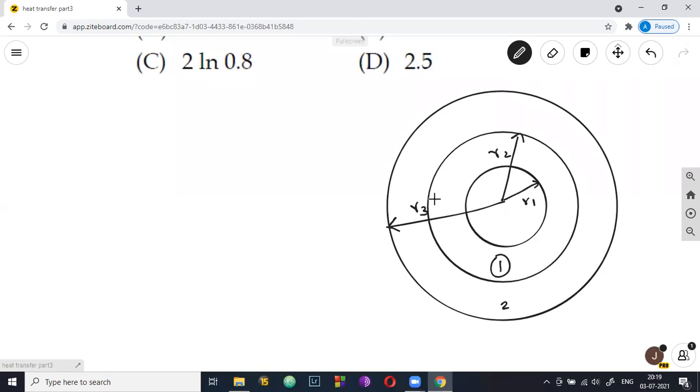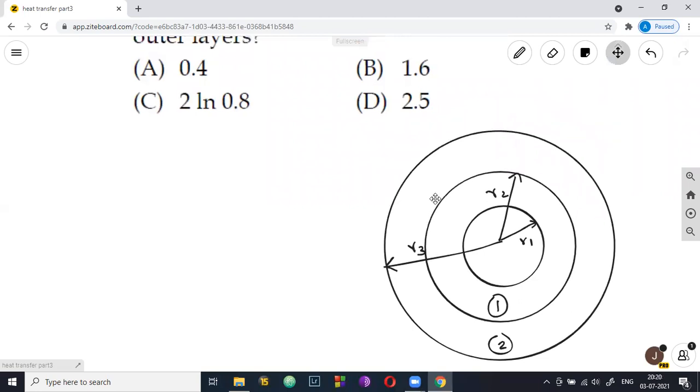This is your second material. This is hollow, okay? So R1 is the inner radius of the first material and R2 is the outer radius of the first material itself. Now, R2 can also be treated as inner radius of the second material and R3 is the outer radius of the second material. Now heat transfer rate is same.